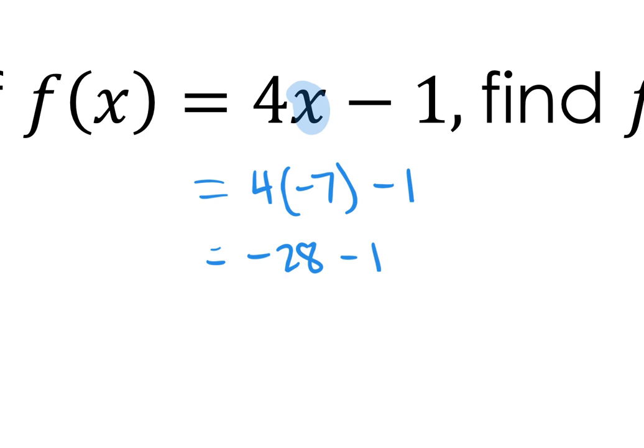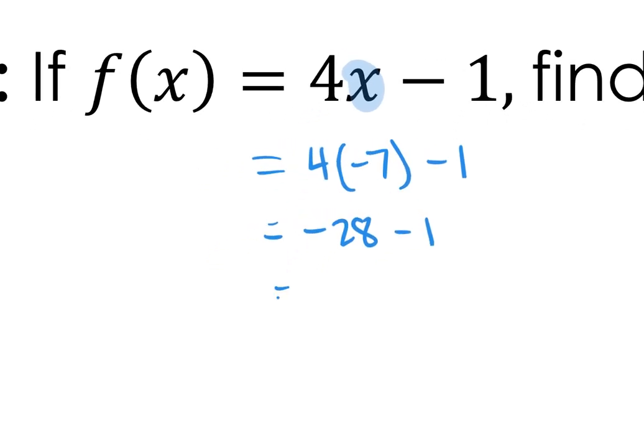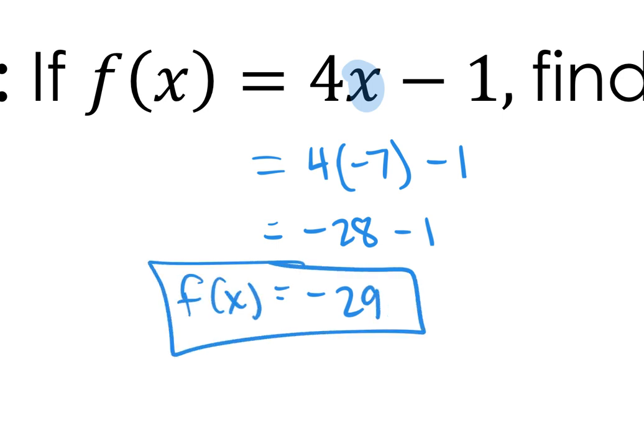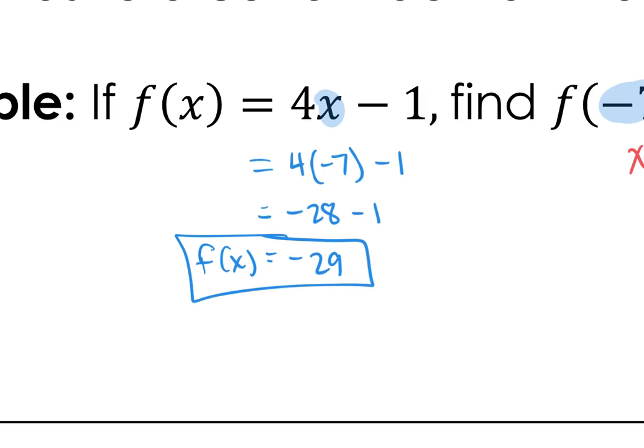So now I can do the subtraction. Negative 28 minus 1 is negative 29. So f of x is equal to negative 29. And remember, f of x just means y. So when x was negative 7, the y value is negative 29.